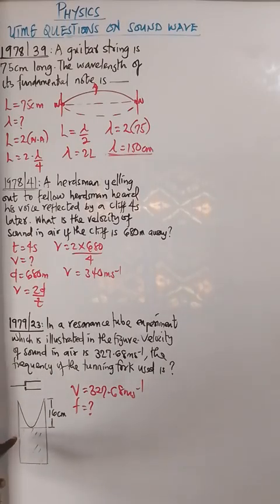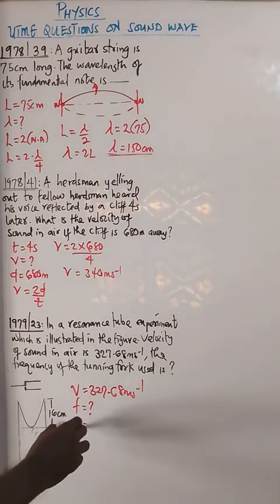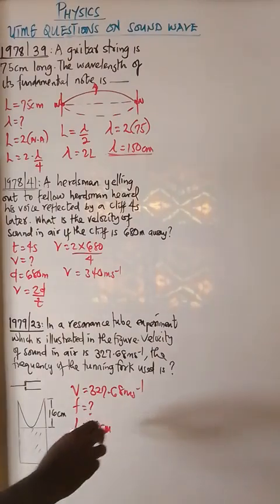But for this particular problem, it is assumed that there is no end correction. Normally, if there is end correction, two resonance lengths will be needed. But here we have just one resonance length, which is 16 centimeters.